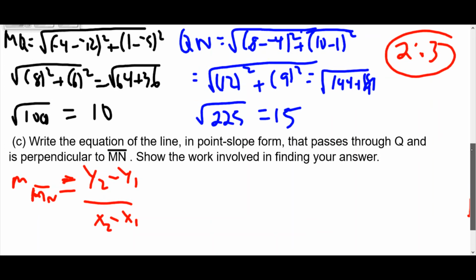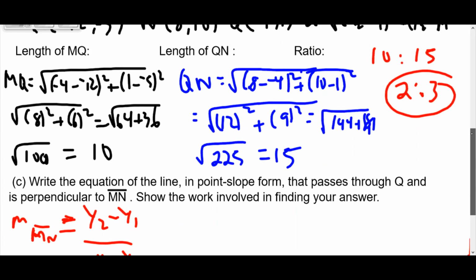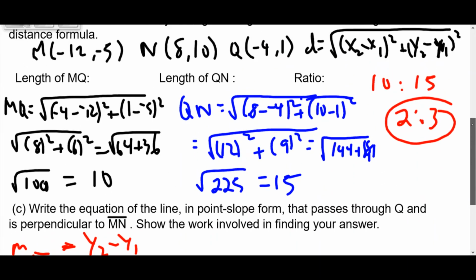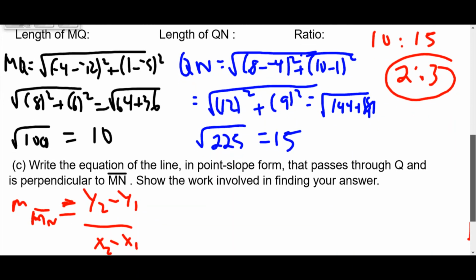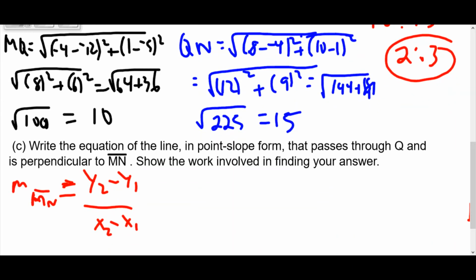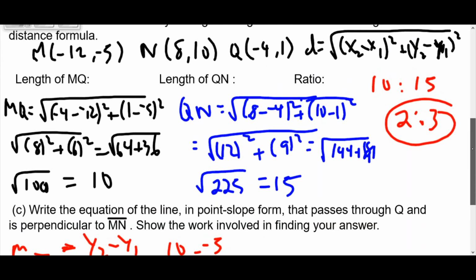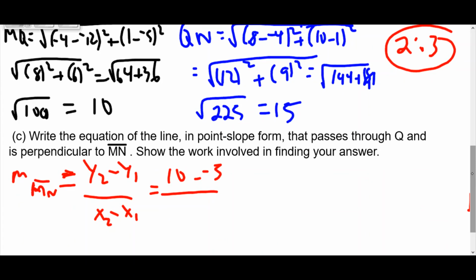For M and N, it'll be 10 minus negative 5 over 8 minus negative 12. So we would get 15 over 20, which is a slope of 3/4. That's not bad. So slope of 3/4.